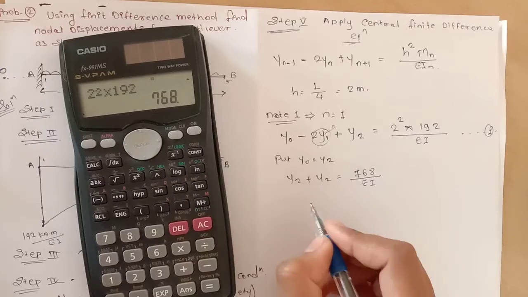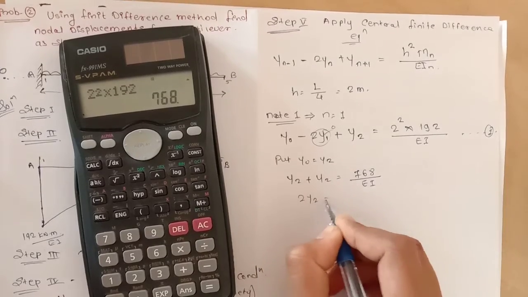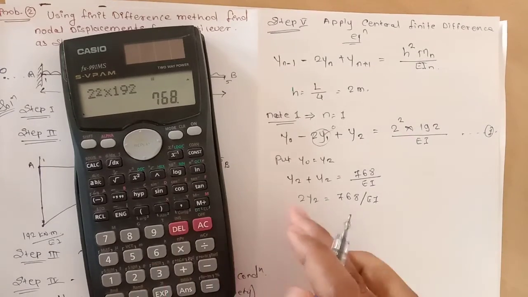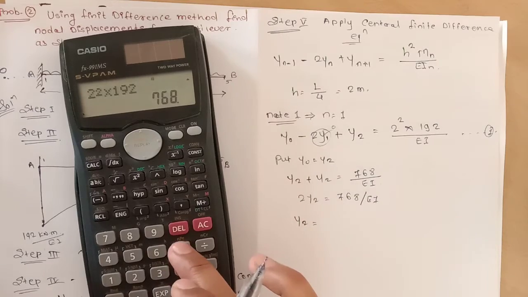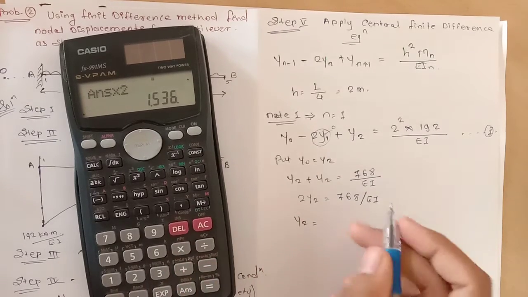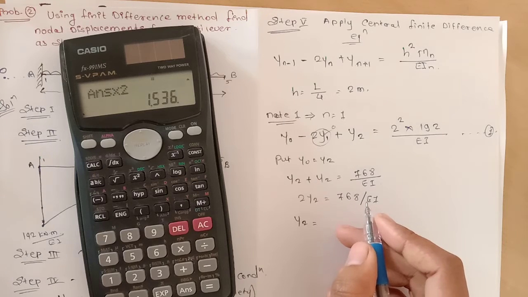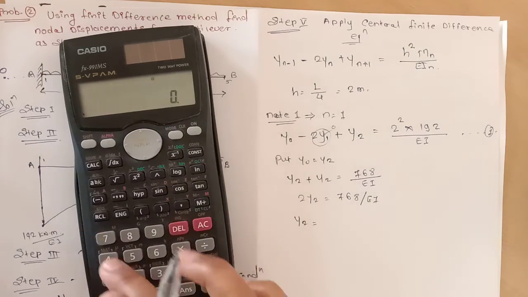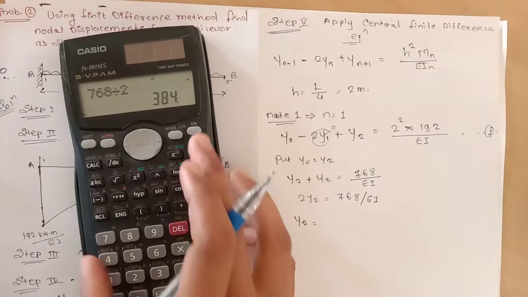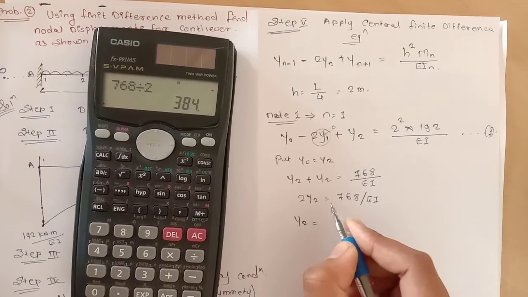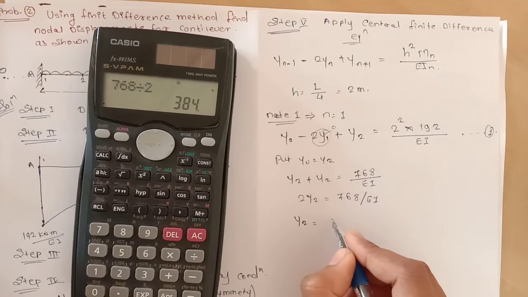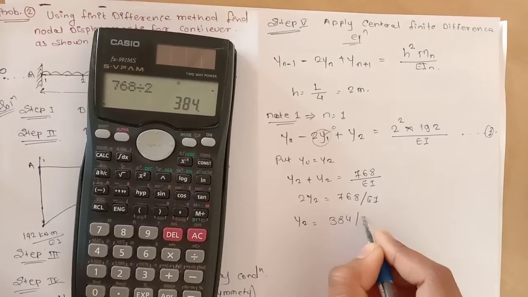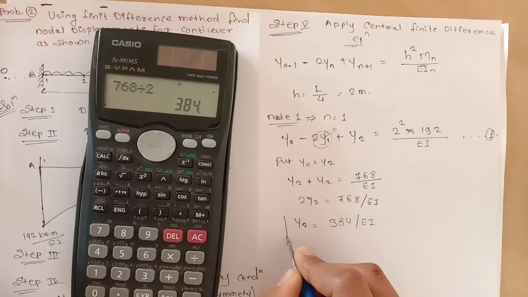So 2y2 is equal to 768 divided by EI. Then y2 is 768 divided by 2, so the answer is 384 divided by EI. This is our final y2 value.